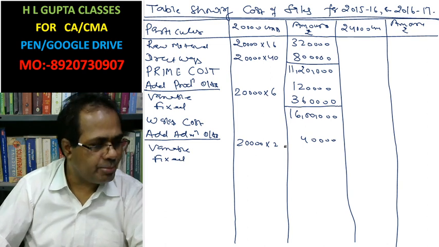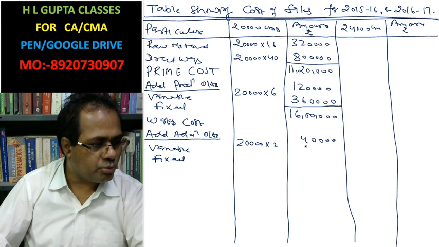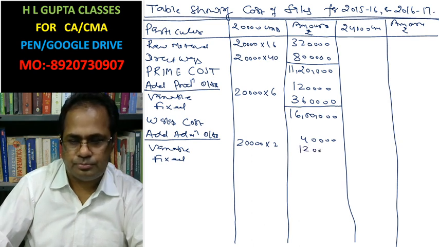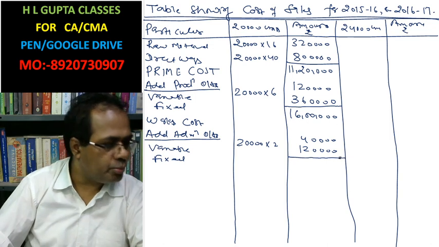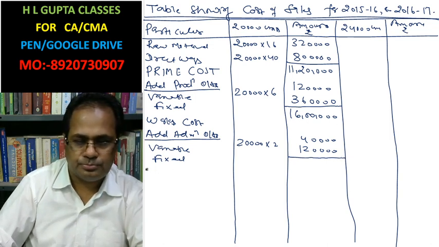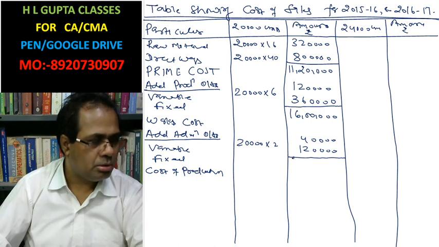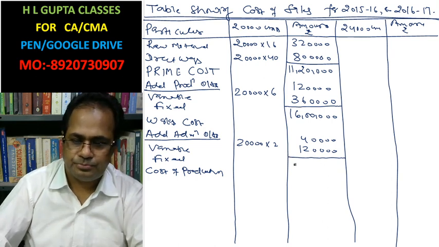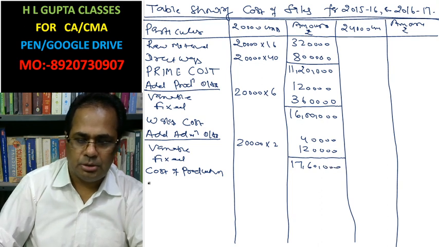Fixed administrative overhead is already calculated. It is 1,20,000. This is said to be cost of production. Cost of production 17,60,000.